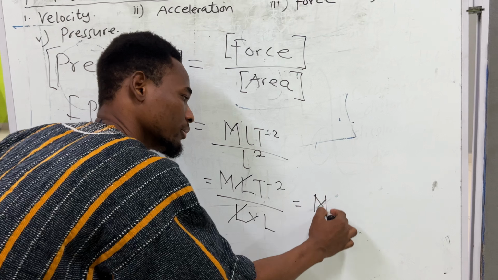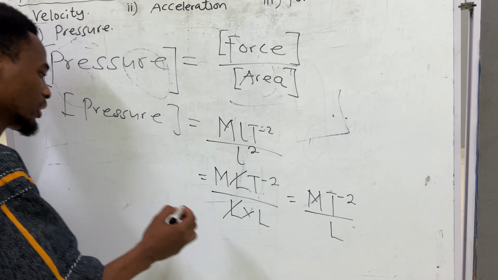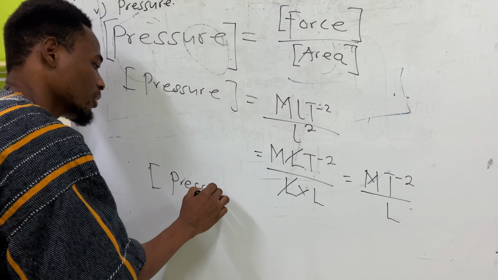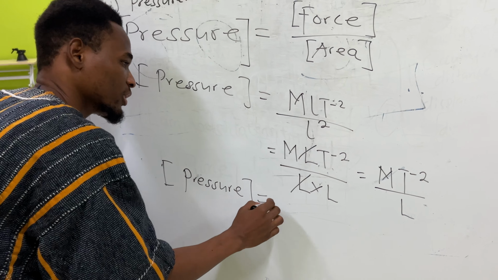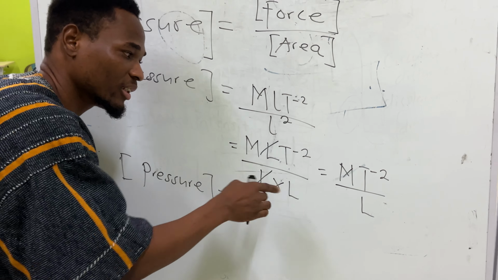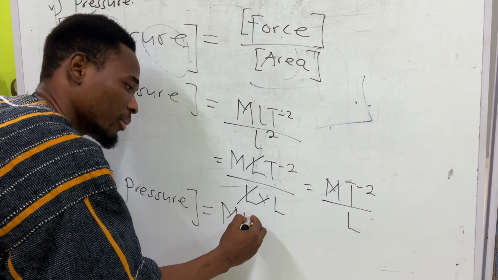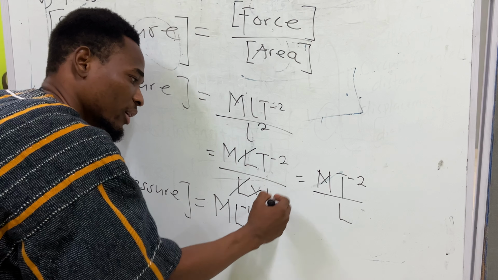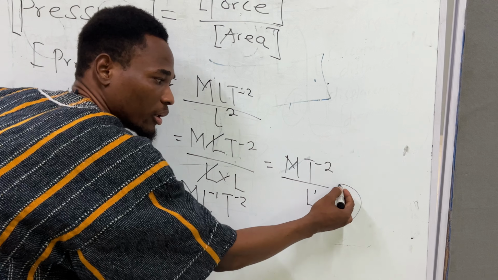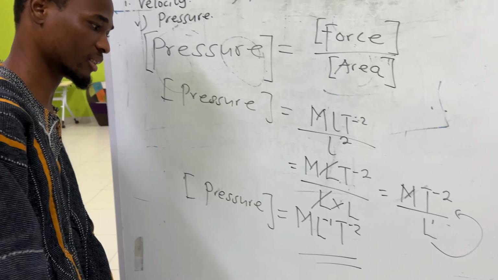I have M T to the power negative 2 over L. According to the law of indices, pressure is equal to M, and conventionally L will come before the T, okay? So here will be L to the power negative 1, then T to the power negative 2. When it comes here it becomes negative, but L will have to come before the T. That's the reason over here.